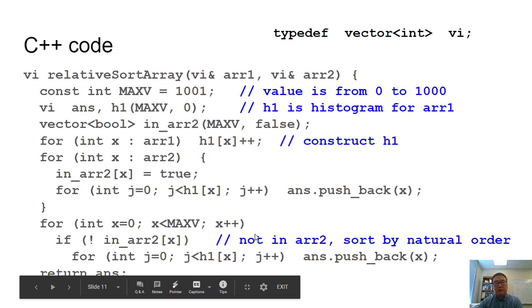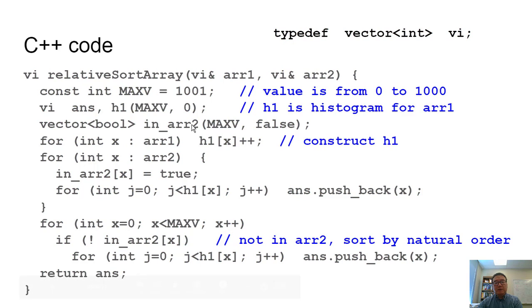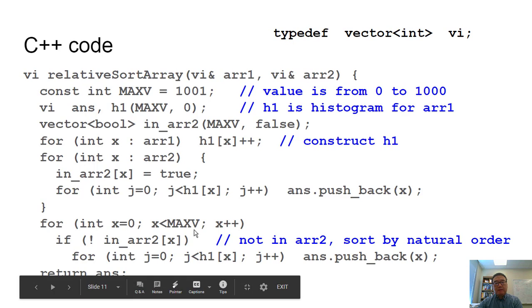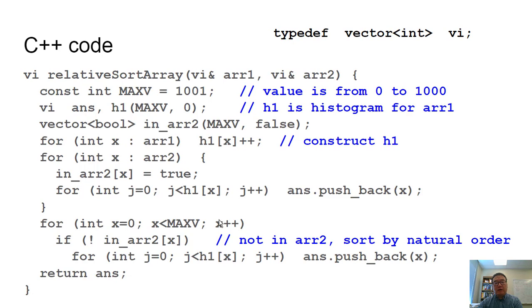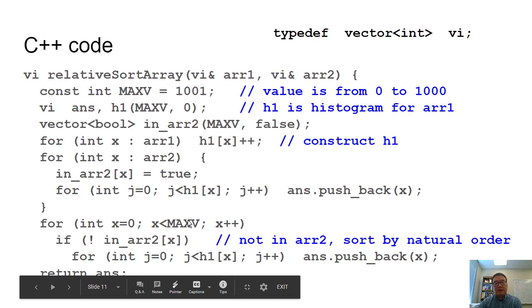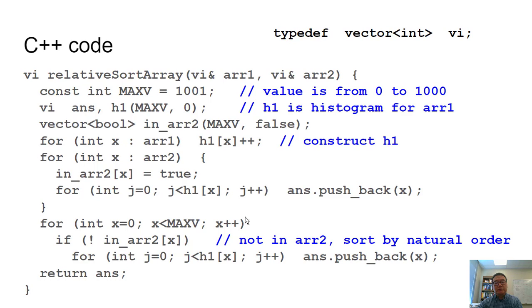So the running time of this part is bounded by max v plus the size of array 1. If max v is very large, because I need to do something for every value up to max v, I need to use something else instead of enumerating through all the values and checking whether they appear in array 2 or not.